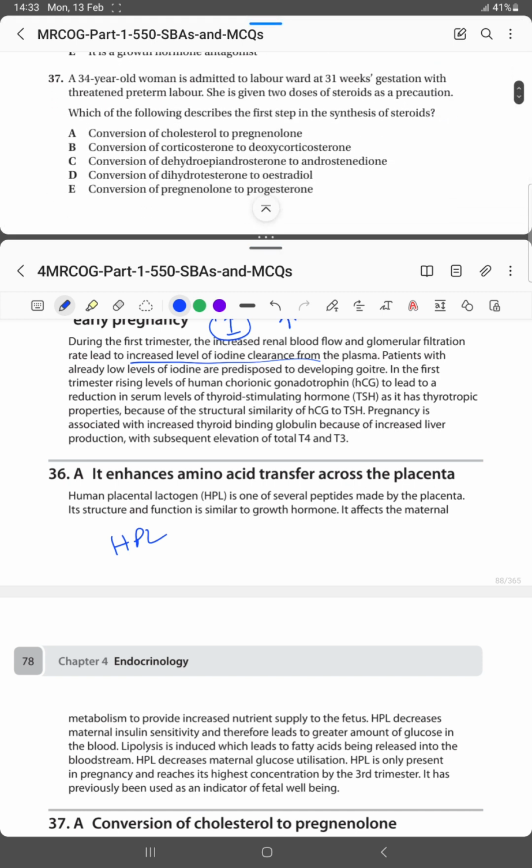Question number 37. A 34-year-old is admitted to the labor ward at 31-week gestation with threatened preterm labor. She is given 2 doses of steroid as a precaution. Which of the following describes the first step in the synthesis of the steroids?